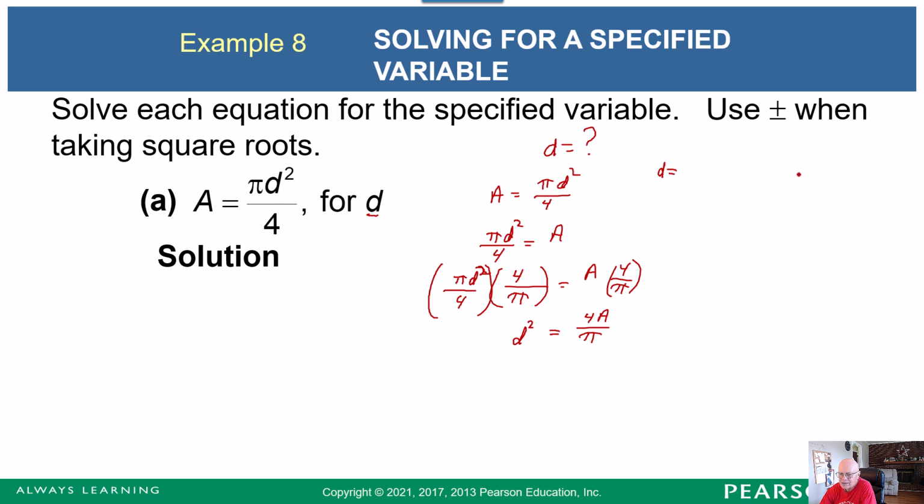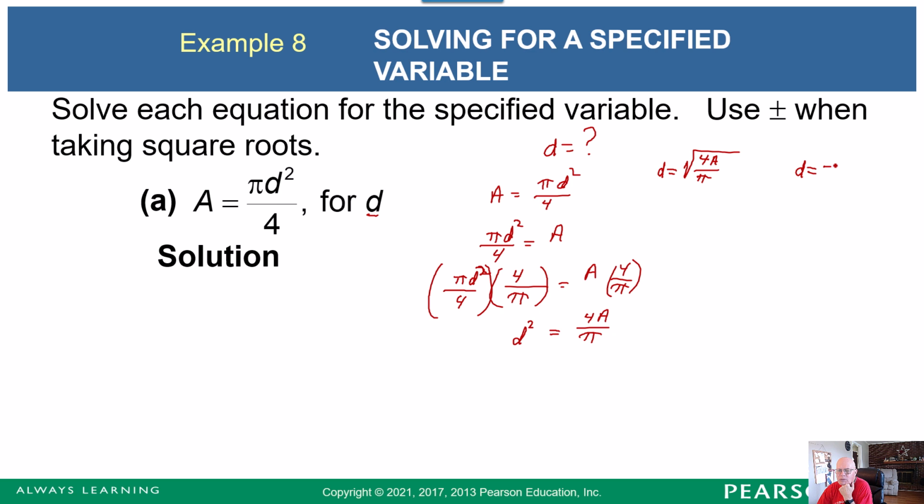Square root of 4 because that comes out even. Square root of a and square root of pi. So d equals 2 square root of a over square root of pi. And that's one possible way you can write that.